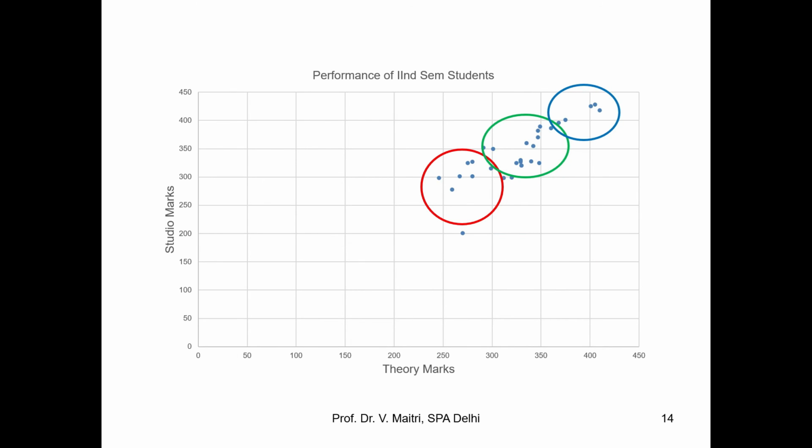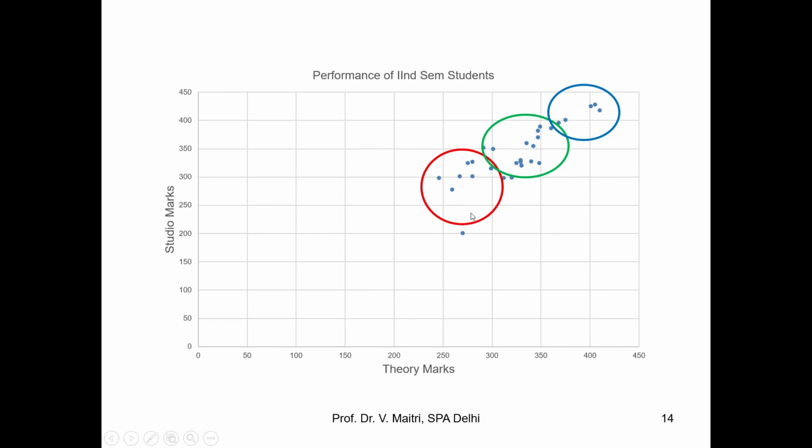Now we can easily say this group is the highest marks taker group, 5 students are there, and this group is middle class, mediocre, where so many people are there, and this group is a little bit weaker section.